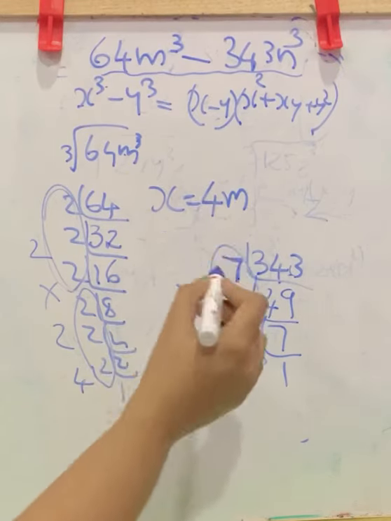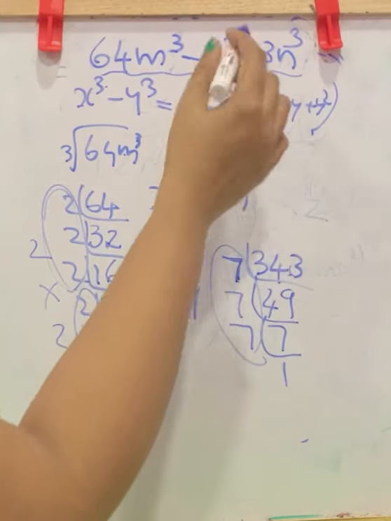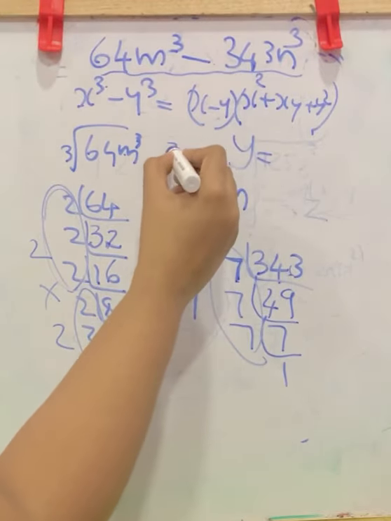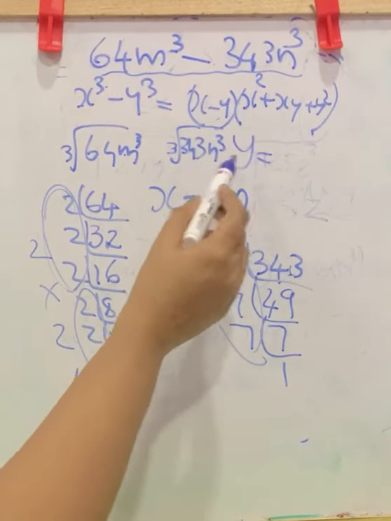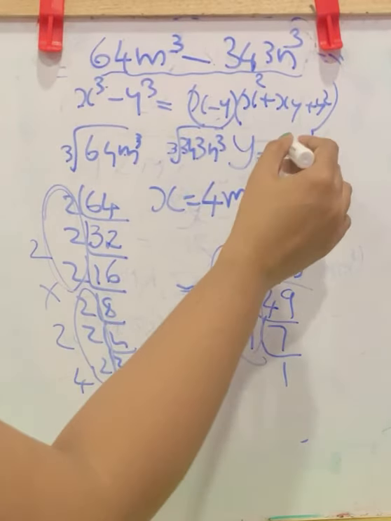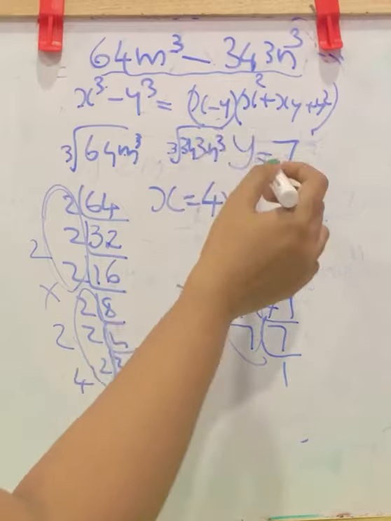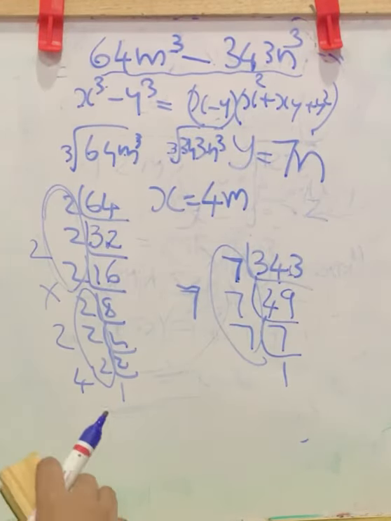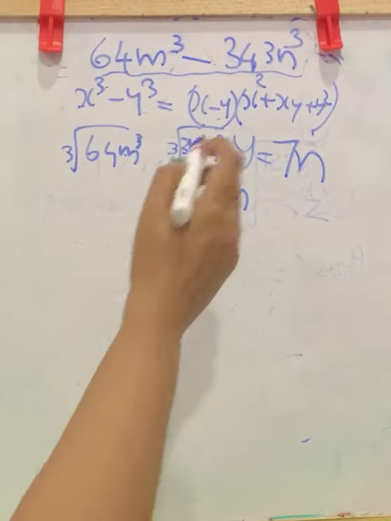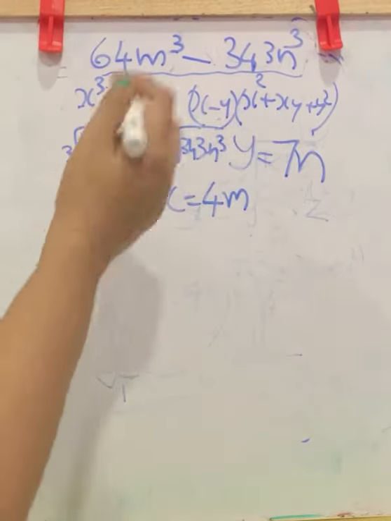So to find y, cube root of 343n cube. Here cube root of 343 is 7 and n cube's cube root will be n. So we got x is equal to 4m and y is equal to 7n. Now we have to substitute here and find the answer.